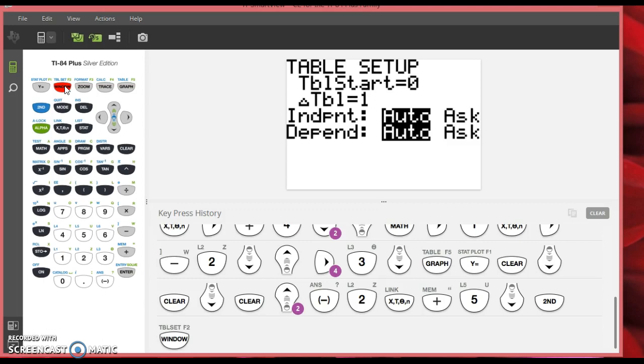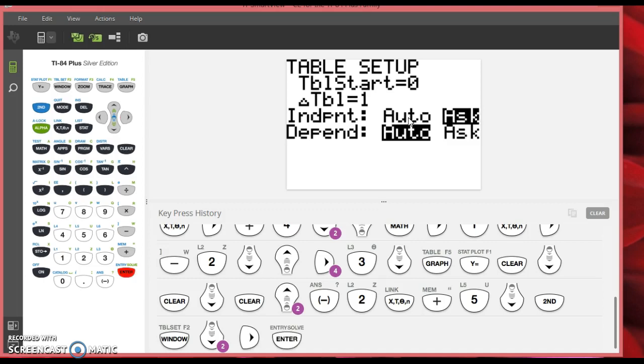Right now, our table starts at 0 and it goes by 1. We are not going to change those two things. But for the independent, we are going to go down and select ask.